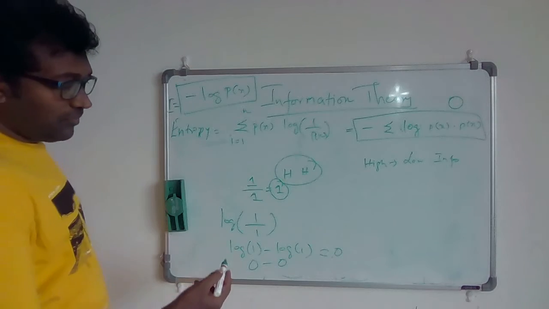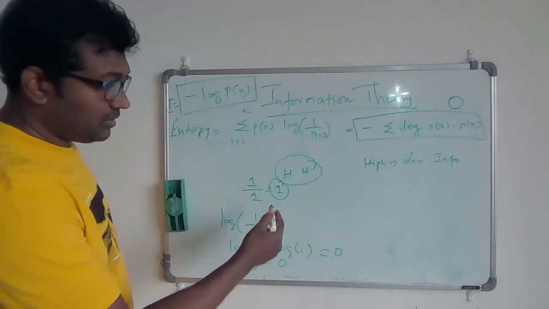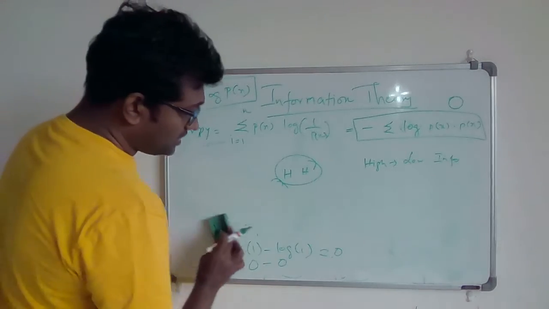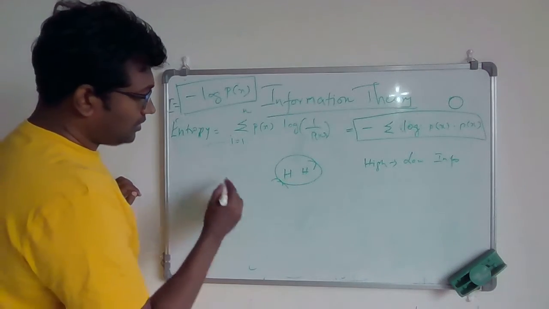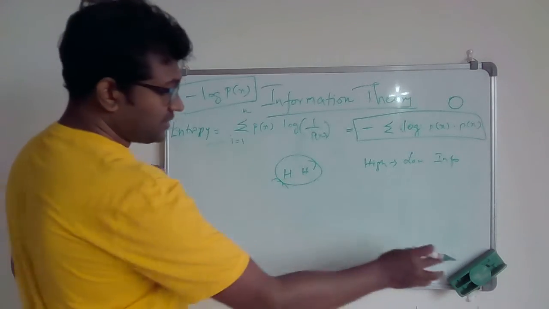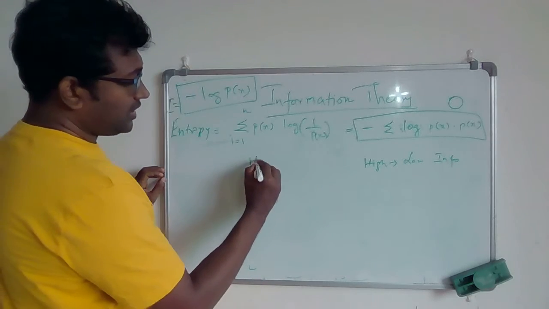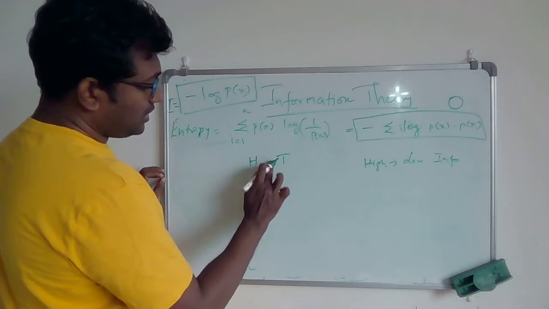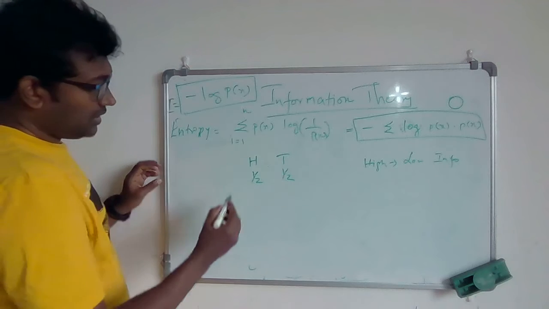Now we will extend this idea of entropy using coins as well. I'm going to give one more example for average information, using coin tosses: the probability of getting heads and the probability of getting tails. Let's assume that it's a fair coin, so heads is 1 by 2 and tails is 1 by 2. Let's plug in the values.